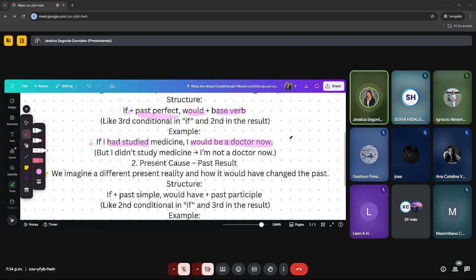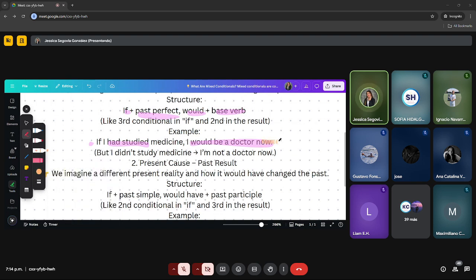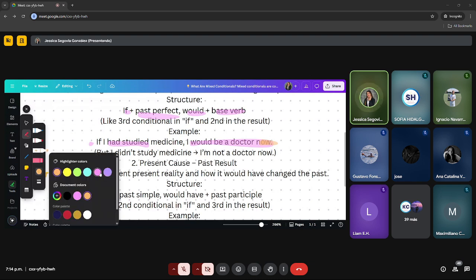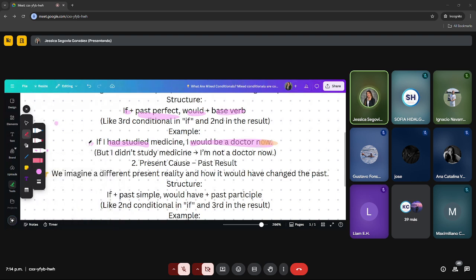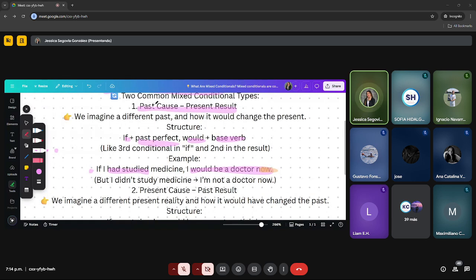Most of the present results have indicators, for example, now or at the moment or today, or some type of reference that lets you know that we are talking about something at the present moment. Since I didn't study medicine, I'm not a doctor now. And this is basically the structure that we would have to follow for past cause or past situation and present result.